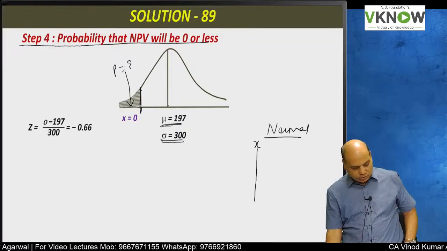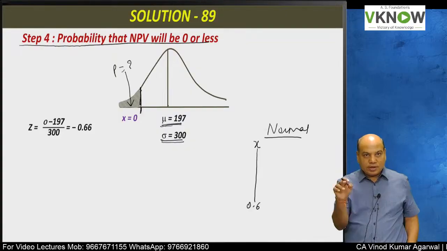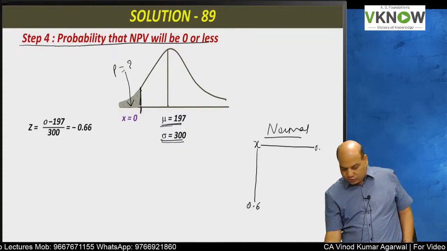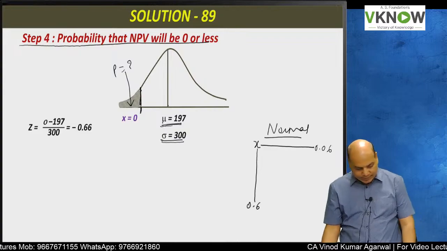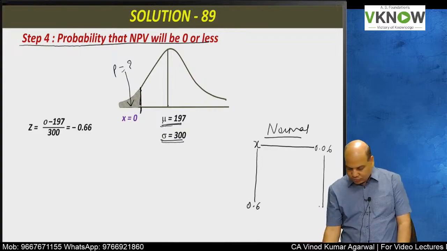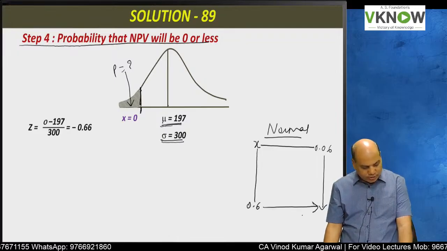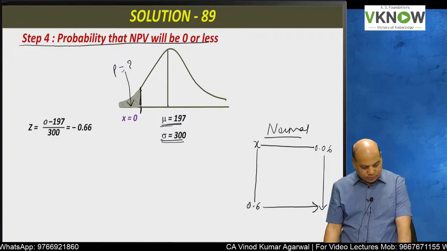In the first column you will find 0.6, and then you find 0.06 here. Find the number which is equal to 0.66. What is that answer?